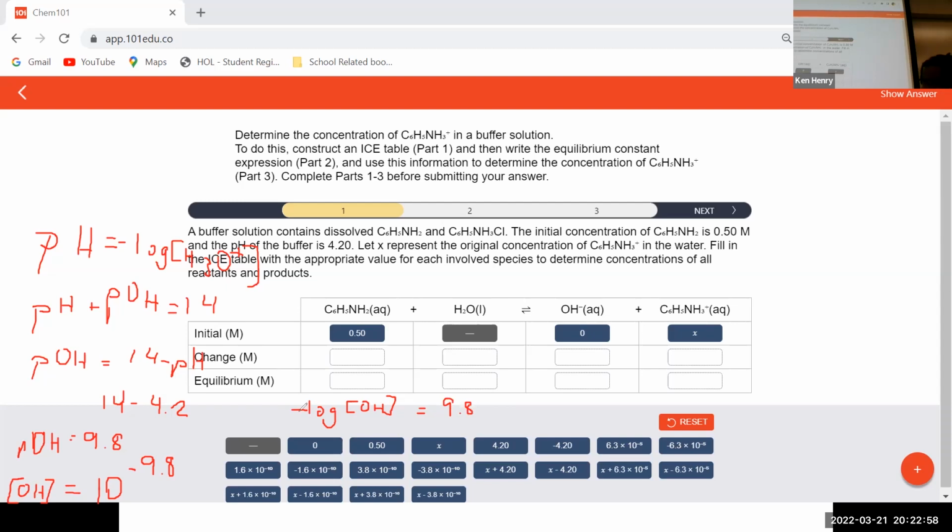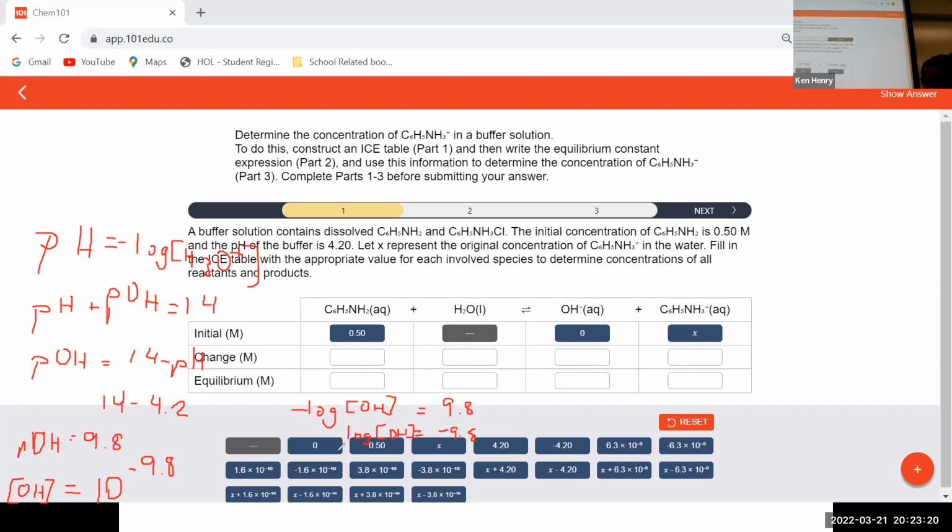So if I bring the negative over here, then I get minus 9.8 is equal to log concentration. I know that this is base 10.